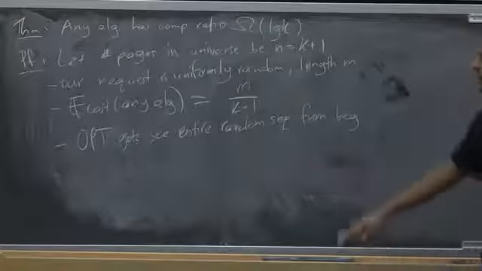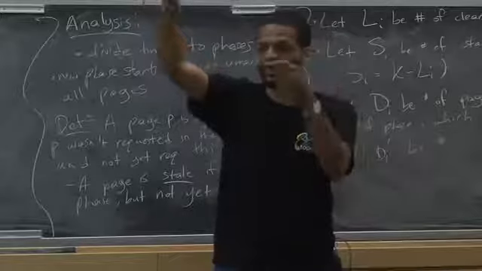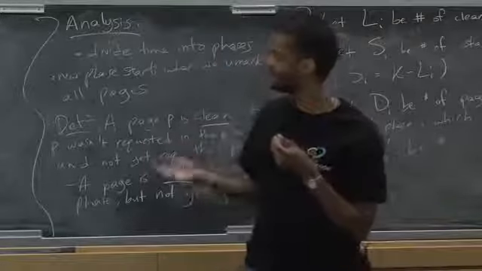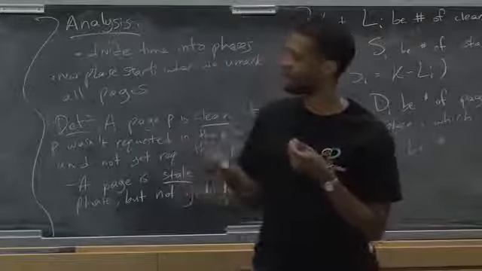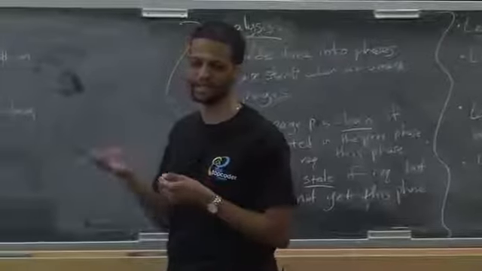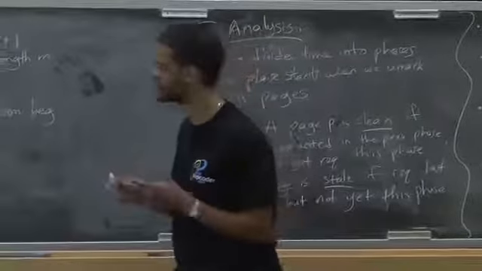What has to happen for me to see that page in the future? Every other page had to have been requested before that page. So the question is, if I'm picking random numbers between 1 and k plus 1, how long does it take me to see every single number? Which is known as the balls and bins problem. I'm not going to analyze it, but you need basically k log k numbers in order to see everything. That's called the coupon collector problem.